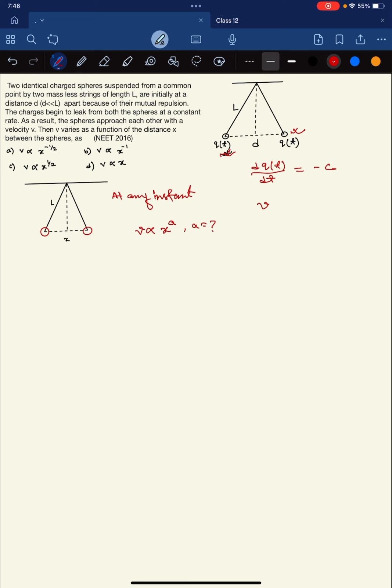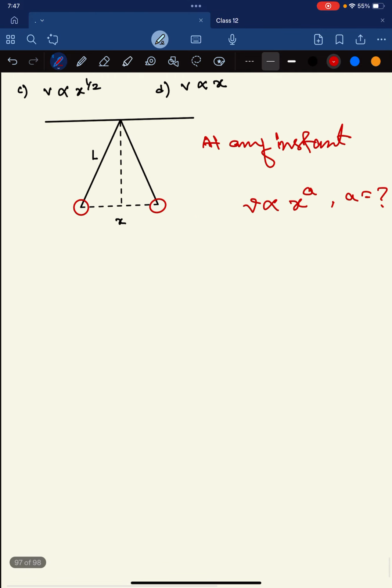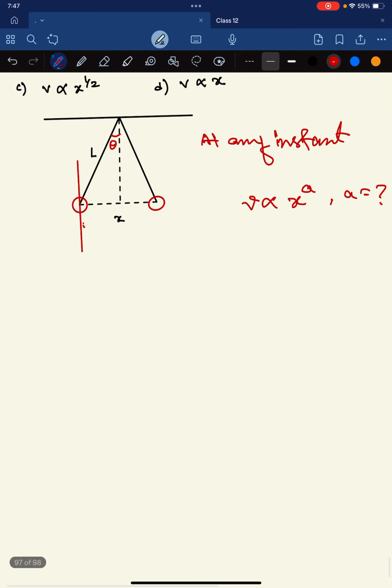I can easily resolve the force acting on the two spheres. Let's say this angle is theta, so this angle will also be theta.